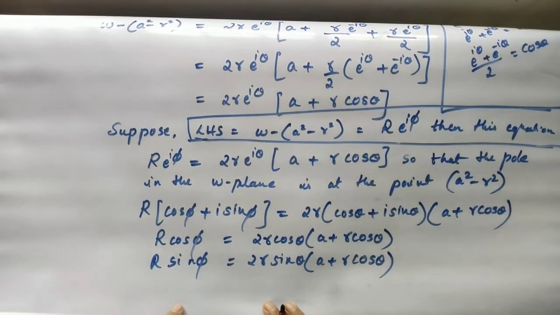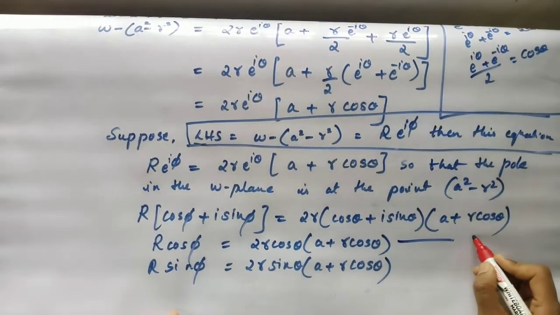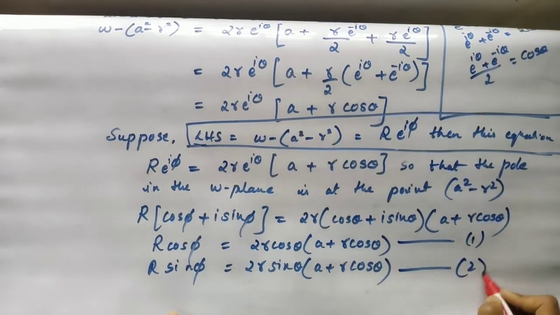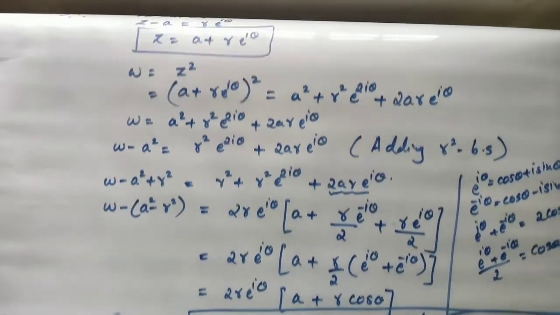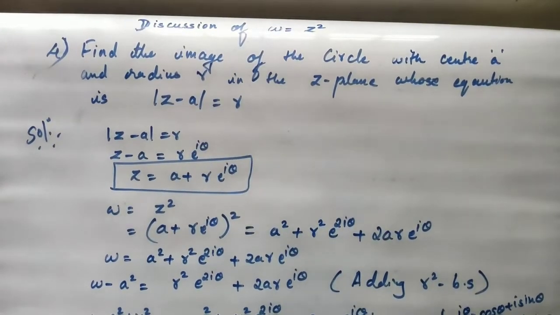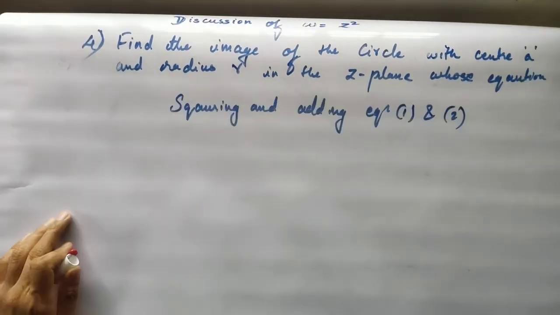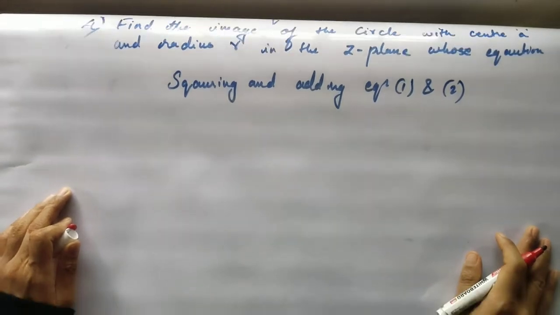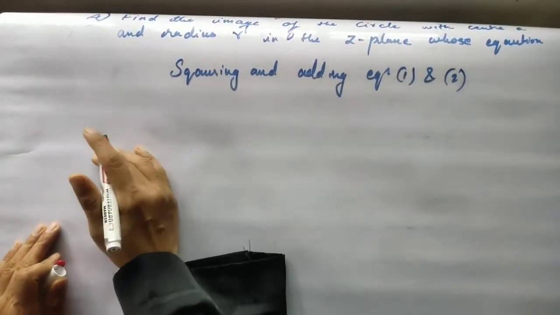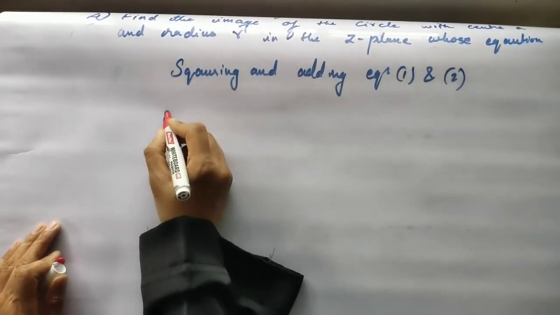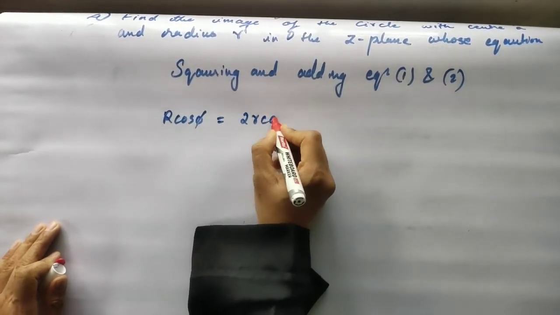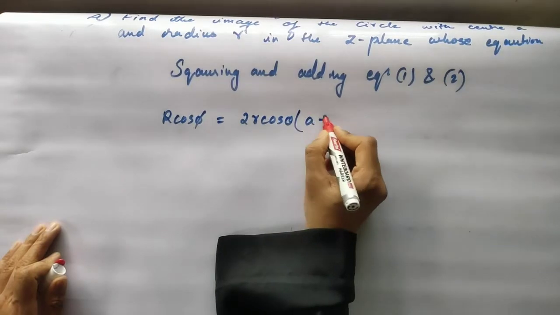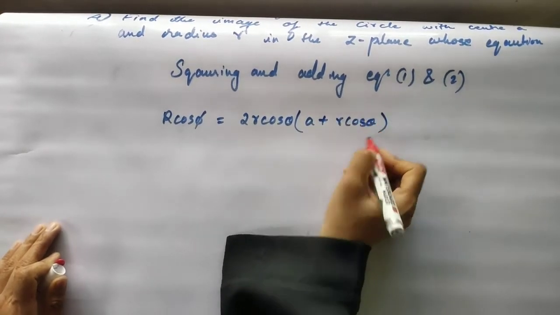We'll call this equation 1 and this equation 2. I'll square and add equations 1 and 2. Equation 1 was r cos φ = 2r cos θ (a + r cos θ).